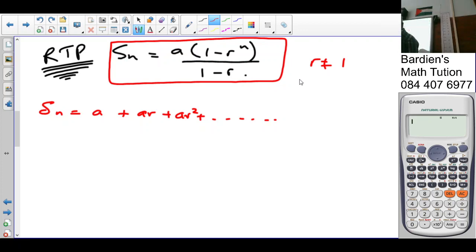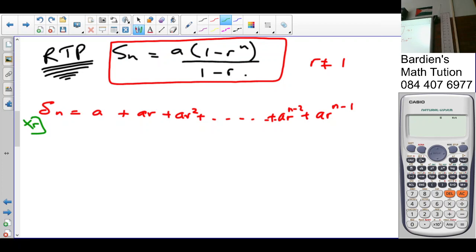The last term, ar to the n minus 1, this is the nth term. Second last term, ar to the n minus 2. The third last term, ar to the n minus 3, and so on. In arithmetic, what we did was we swapped the whole sequence around: first became last, last became first. For the geometric progression, we multiply this whole line here by r, by a factor or a ratio of r.